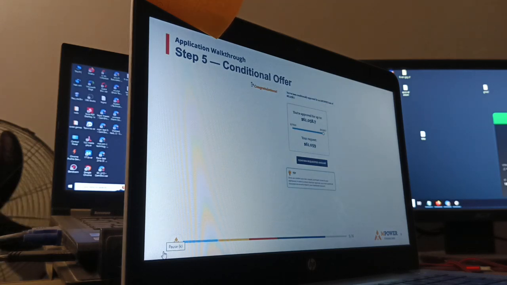What can happen here is if we don't need any additional information other than the documents, because we will always need the documents after your written application, we'll tell you that you can be conditionally approved for a certain amount, which is, for this application, you can get X amount basically.